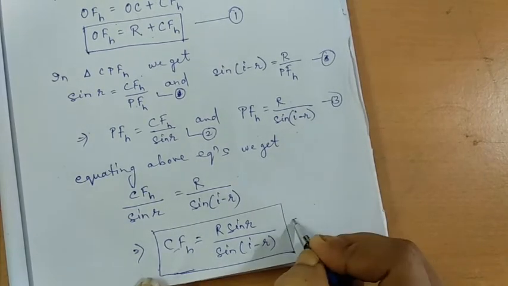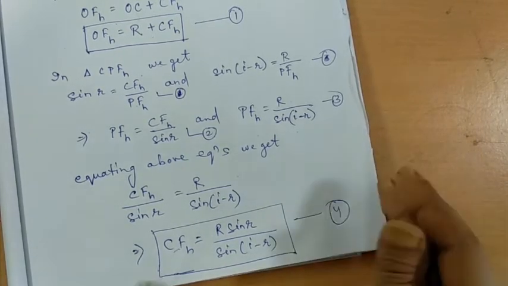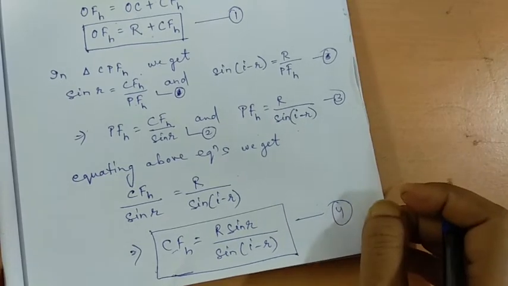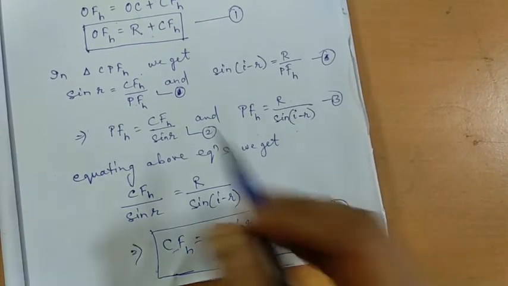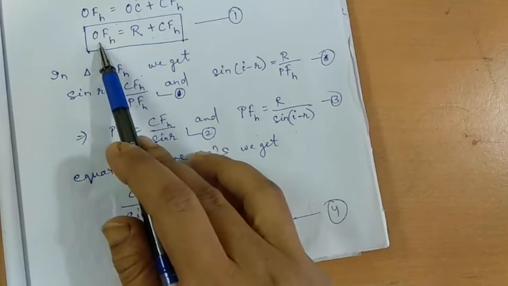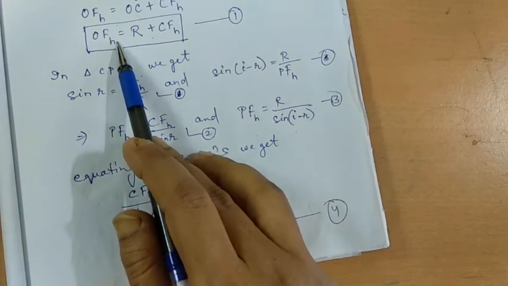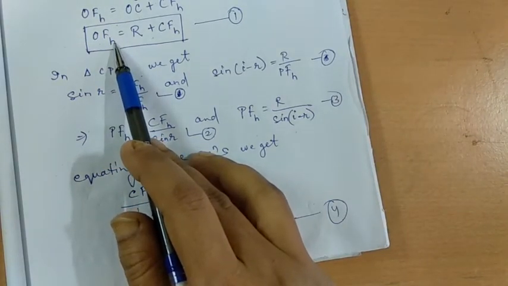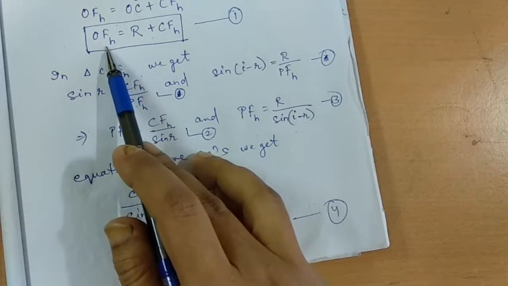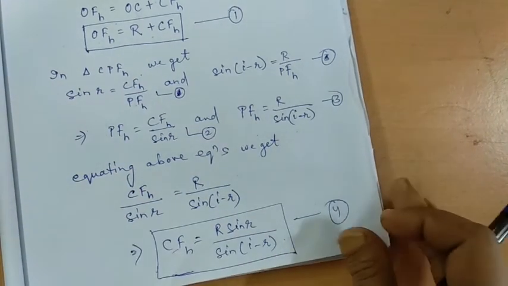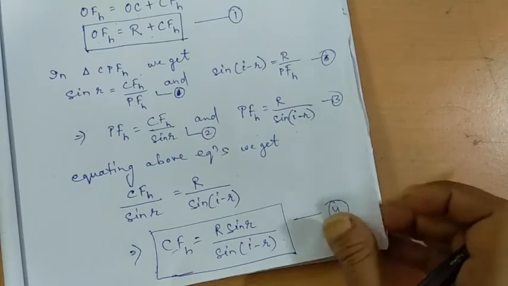So let's say this is my equation 4. Now putting equation 4 in equation 1, we can calculate OFH, that is the focal length of the spherical lens for the particular ray.